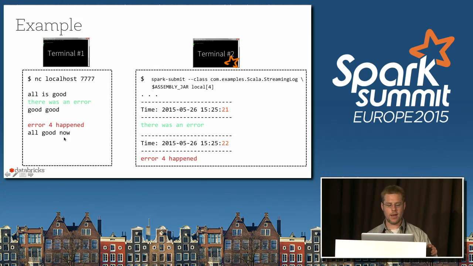So if these were the lines that we typed in or piped or something over here, then over here we would get a timestamp, and in the first batch maybe just this line with error. And in the next batch, so here's a second later, we get maybe these lines, but we only keep the one that says error 4 happened.